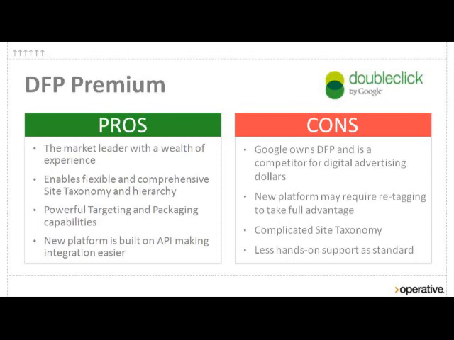The complicated site taxonomy could also be considered a con to a certain extent. Flexibility is great, but it often breeds complication, which requires additional training and may make it more complicated if you have high turnover in your trafficking group. And that's typical for Google. Hands-on support isn't standard.